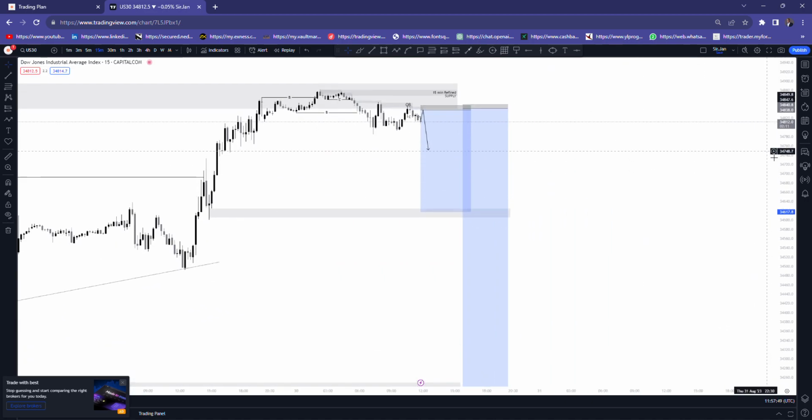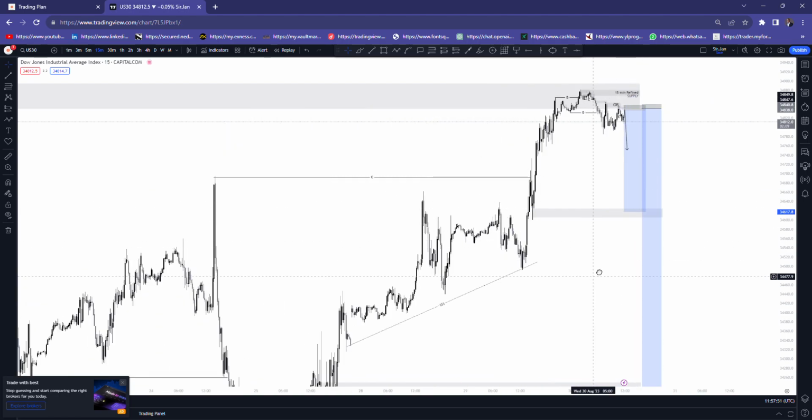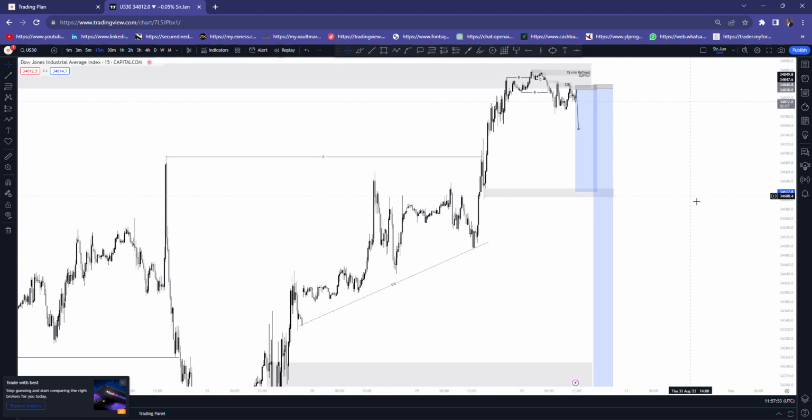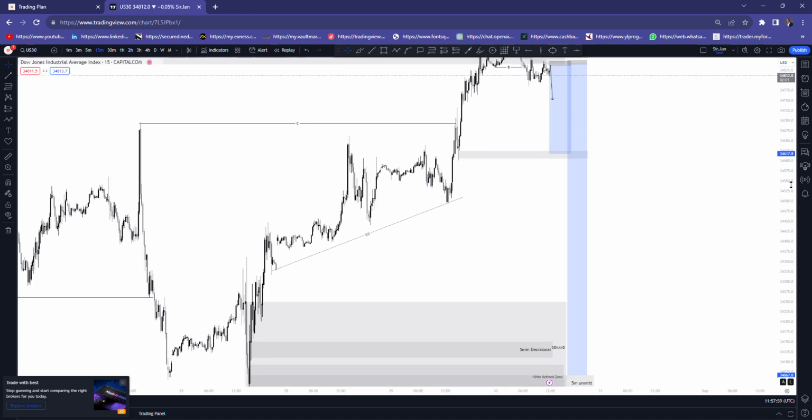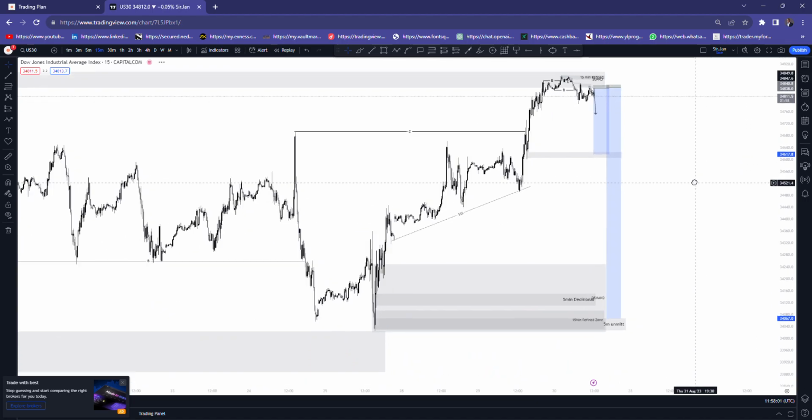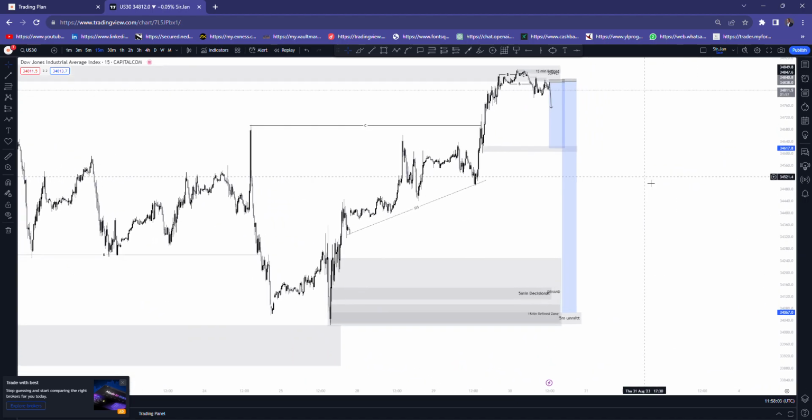So yeah, we might expect something like this, but we know the long trend, we go in bullish. So whatever we're doing, we are always aware that it's a counter trade.